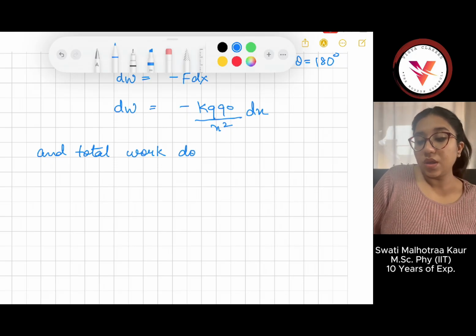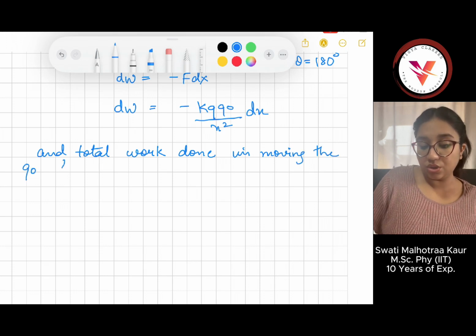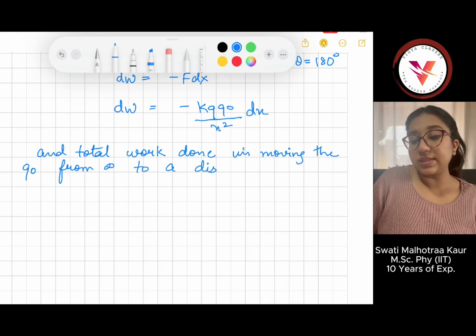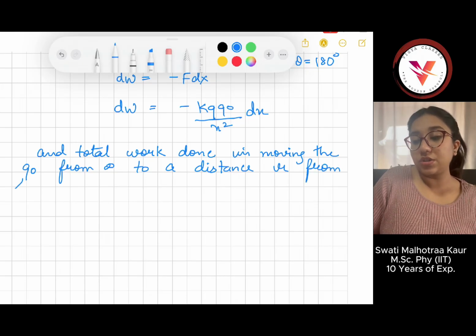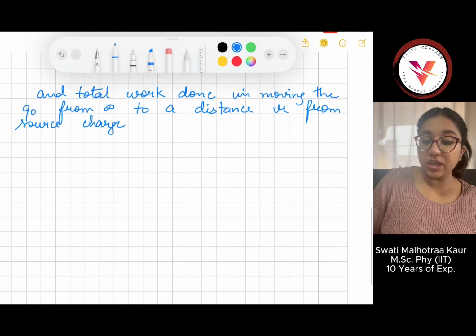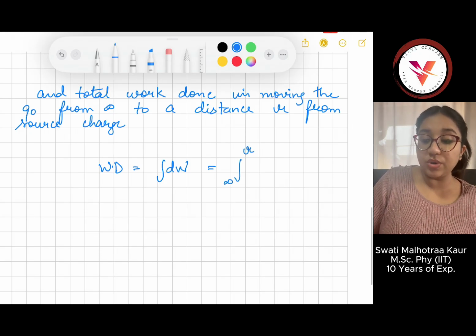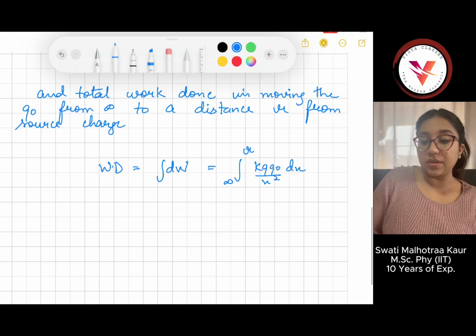Fine. And the total work done in moving the test charge Q naught from infinity to a distance r from the source charge would be the total work done, which is the integration of dW, the integration from infinity to a distance r of K Q naught by x square dx.